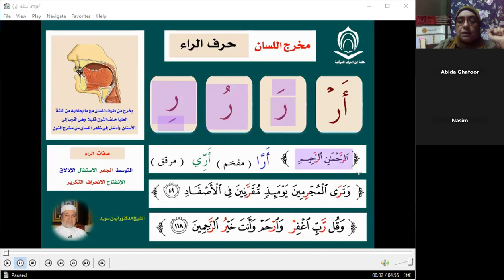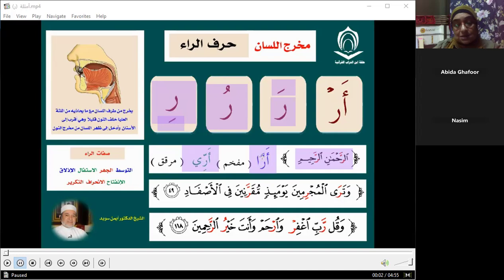الرحمن، الرحيم، أرى، أري. And notice, my dear sister, the difference between this word and this word: this word has a ra that is mushaddad with fatha, while this one is mushaddad with kasra.